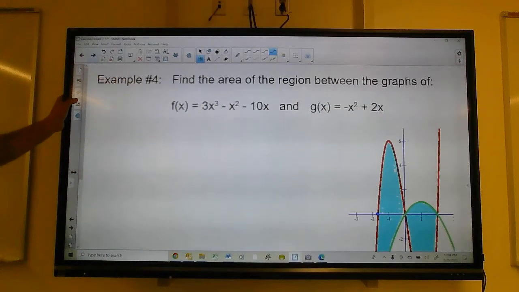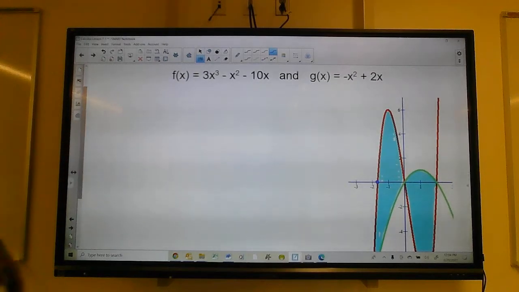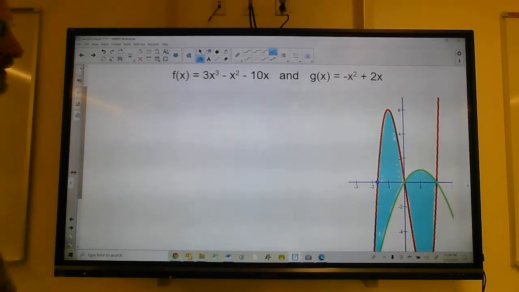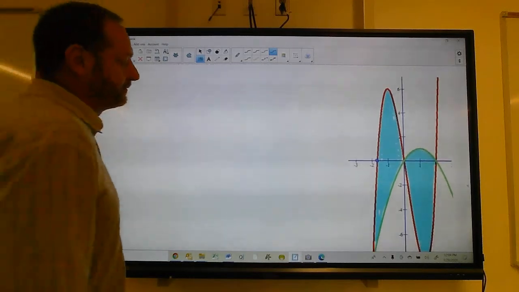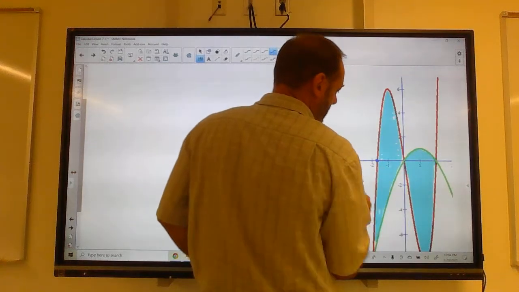Okay, example 4. Find the area of the region between the graphs of f of x is 3x cubed minus x squared minus 10x, and g of x is negative x squared plus 2x. Okay, so you'll notice if you look at the graphs here, here's your x cubed, here's your x squared.